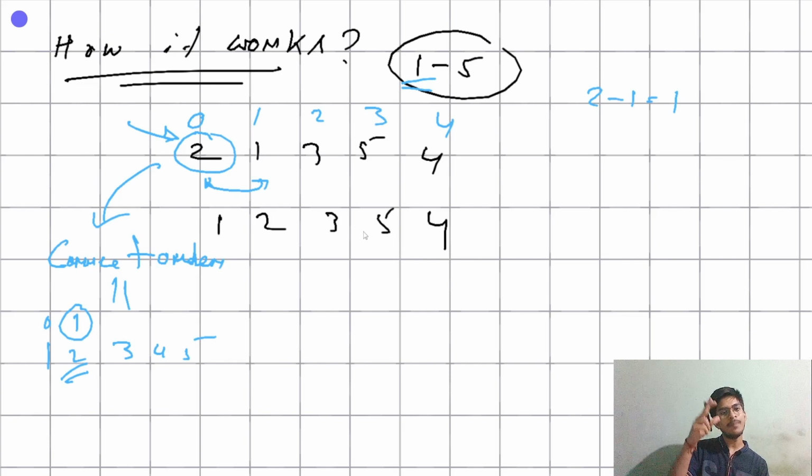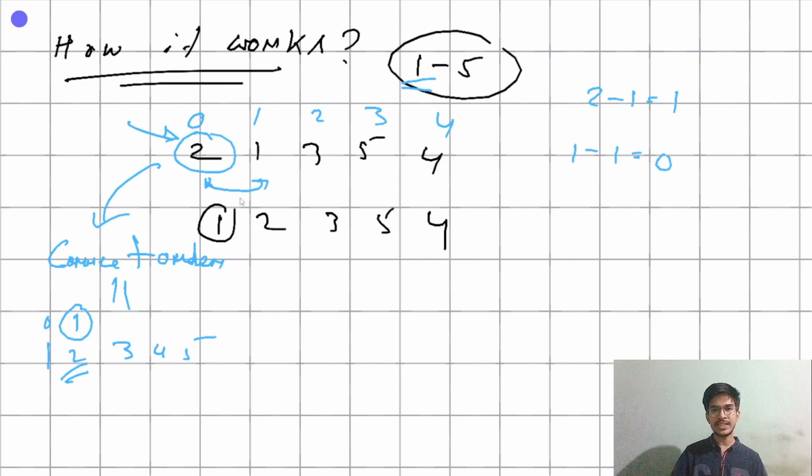Again we'll start from the beginning. When we go to the next item, we see that the value is 1. Now 1 minus 1 is 0, and the 0th index already has 1 in it.